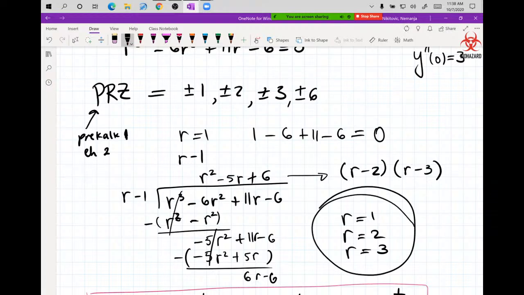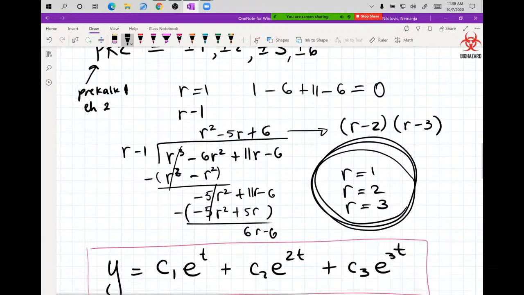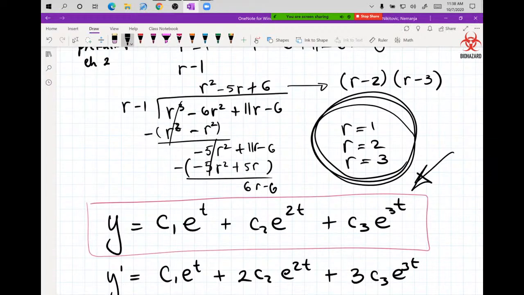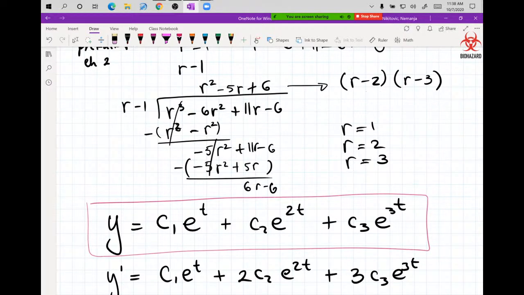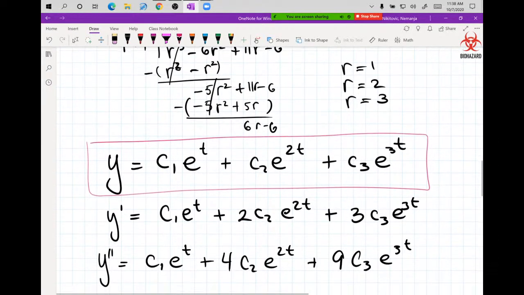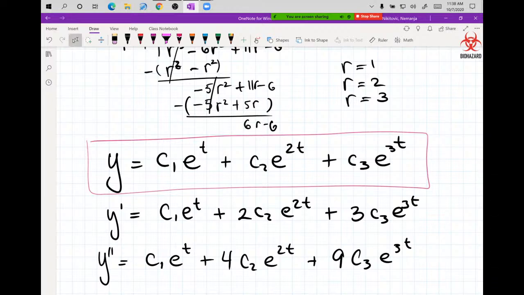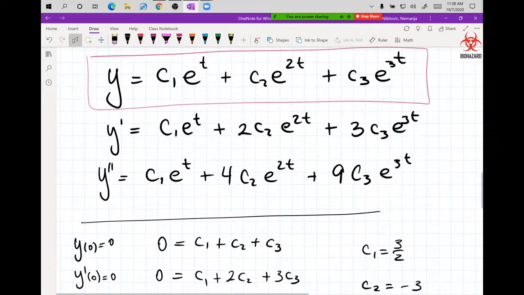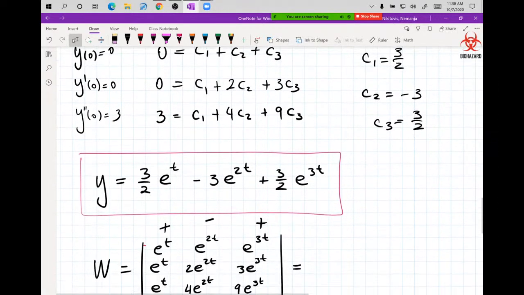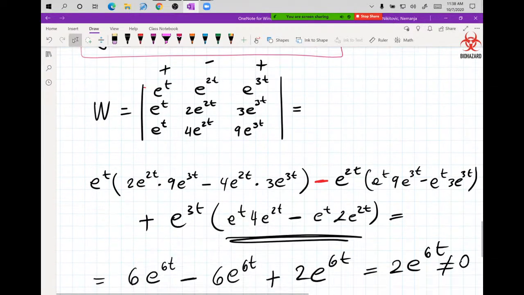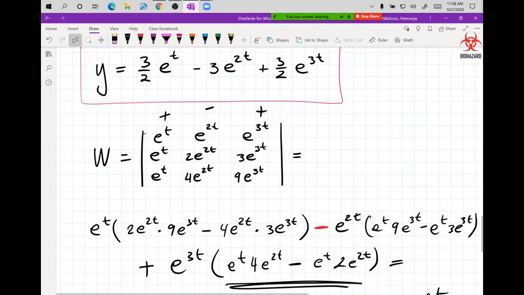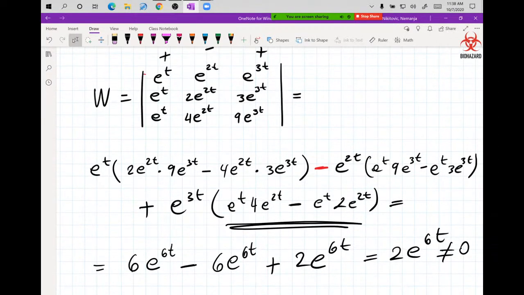Once you obtain all of your factors, if there are no repeats, you are free to write your solution. If there are repeats, you have to use those t's in there. And if the question on the exam says prove that your solutions are linearly independent, what you see on the screen is the work for 3 by 3.